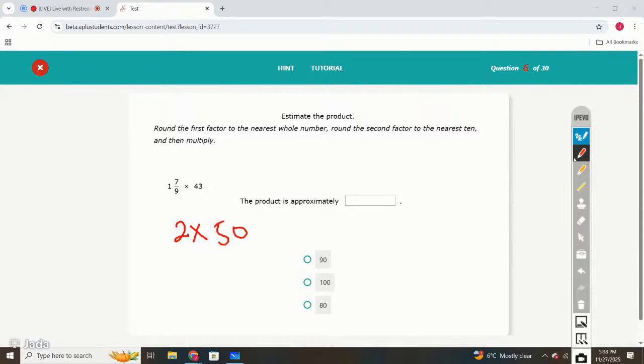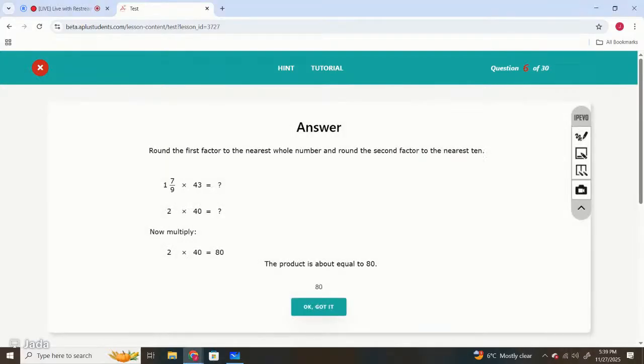So 50 times 2 is 100. The correct option is option number 2, 100. Sorry, 43 is rounded to 40. So 40 times 2 is 80.